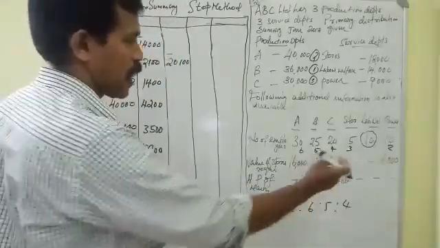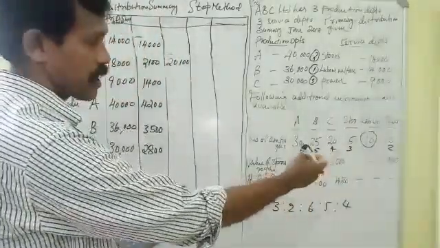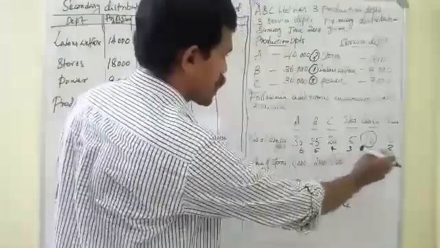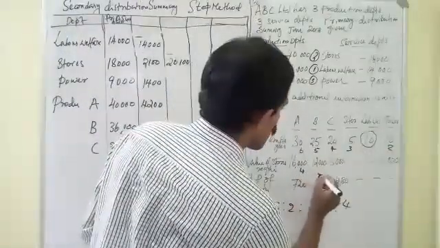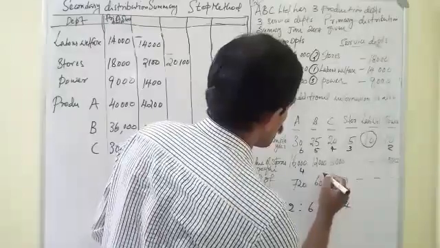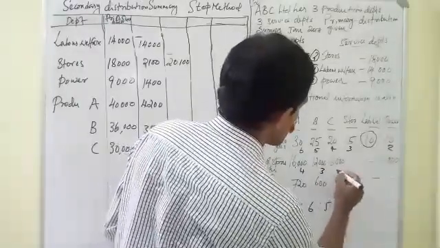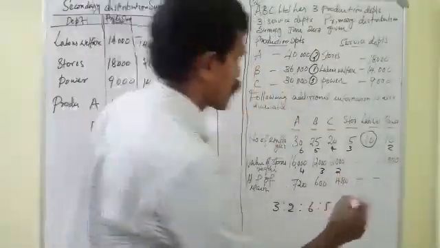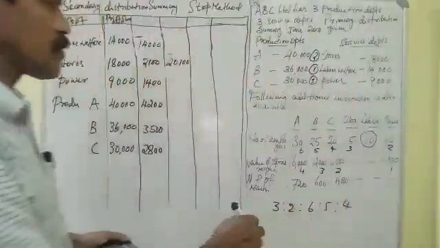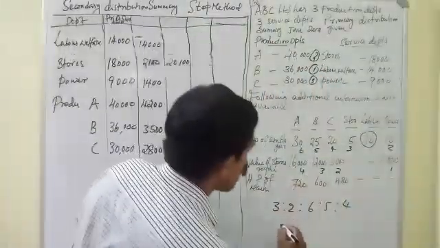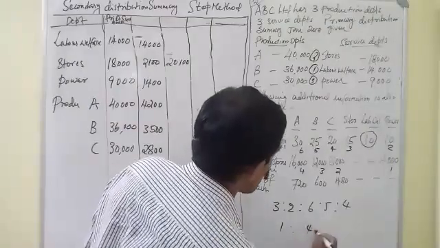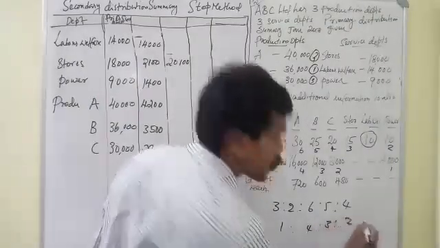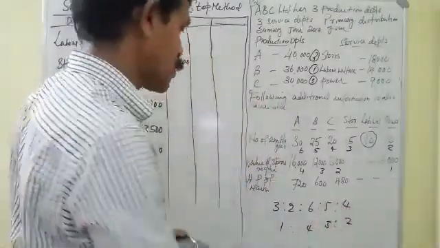We have to rearrange the proportion here also. Then all these figures we can divide by 4. Then we get 4:3:2, then 2, and for this figure 1. Then we rearrange it: 1, 4, 3, 2.